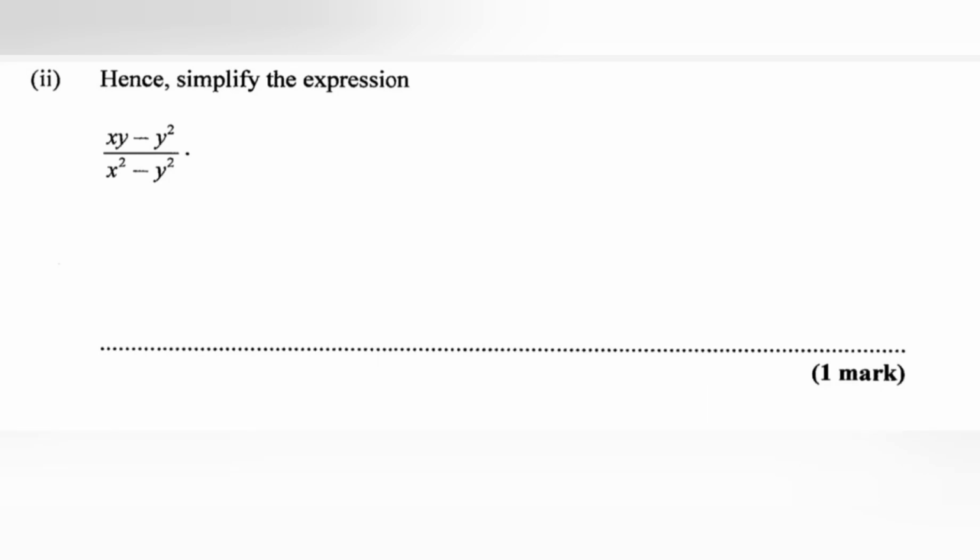Here's the next question. It says, hence simplify the expression. Once we see hence, it simply means that we have to use something that we have done before to help us solve this question. So the first thing we're going to do is factorize the numerator. We factor out y, and we're going to have x minus y inside.